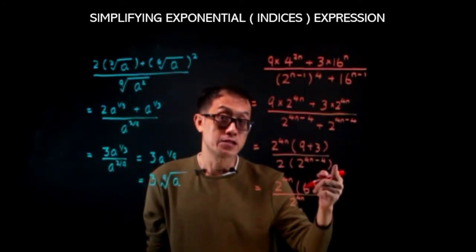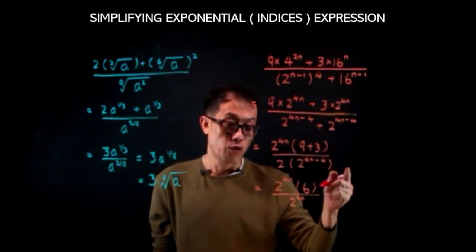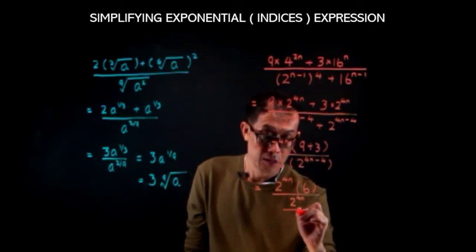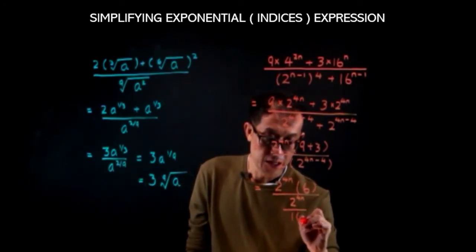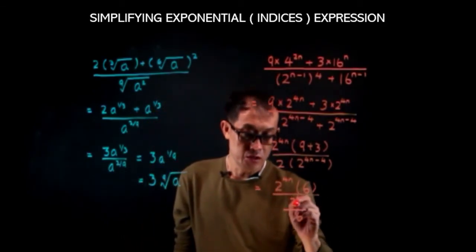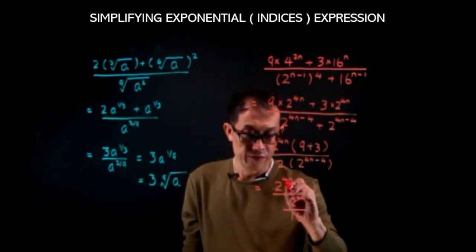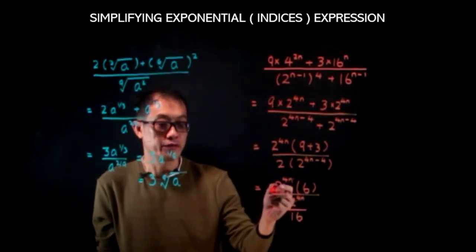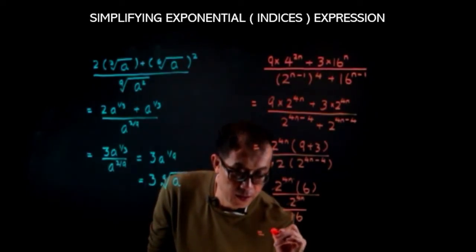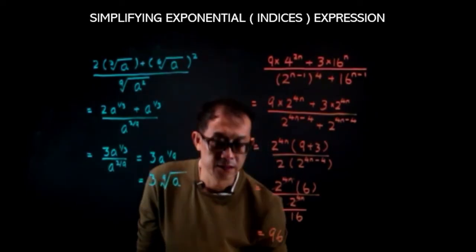But 2 to the power minus 4 is 1 over 16. So you got 16 here. Okay. Now, these two can cancel off. So you are left with 16 times 6. So you got 96. Okay.